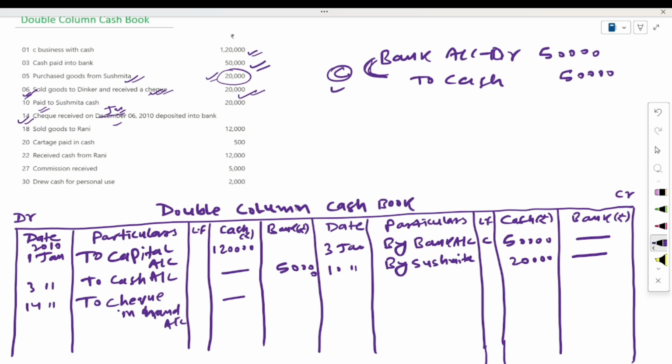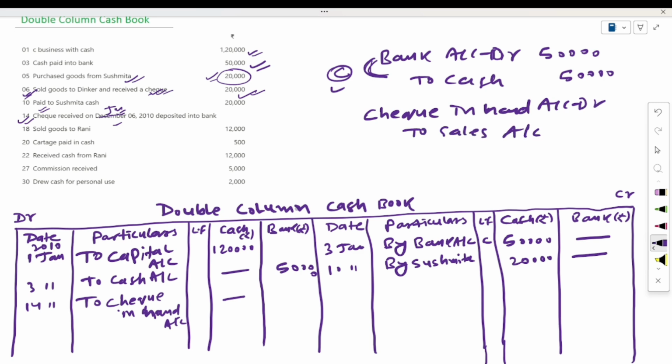See here, once you sell goods to your customer and receive a check, what entry do we pass? Check in hand account debit to sales account.